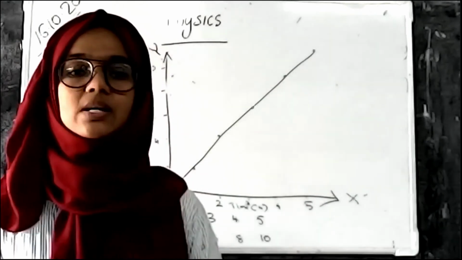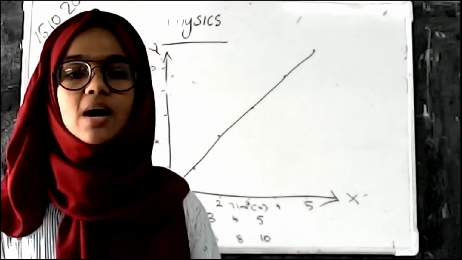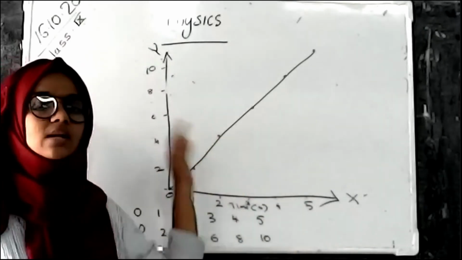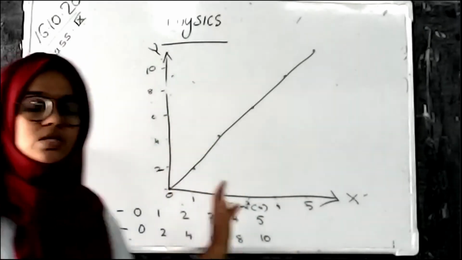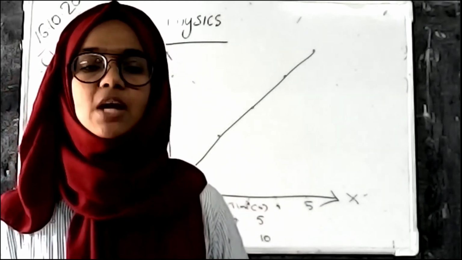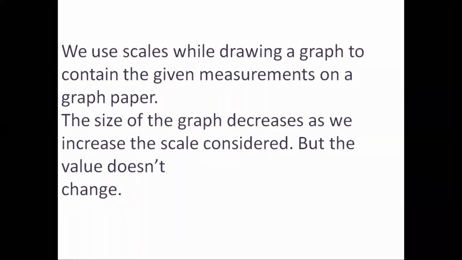So I think all of you understand how to mark changing position and time using a graph. Okay, and we have to discuss the next topic. We use scales while drawing a graph to fit the given measurements on graph paper.